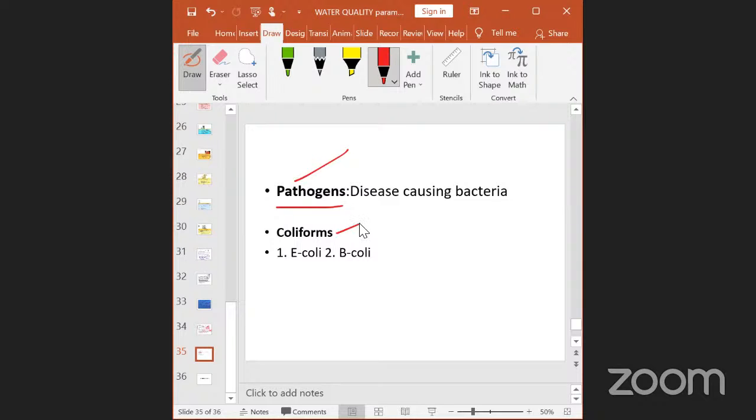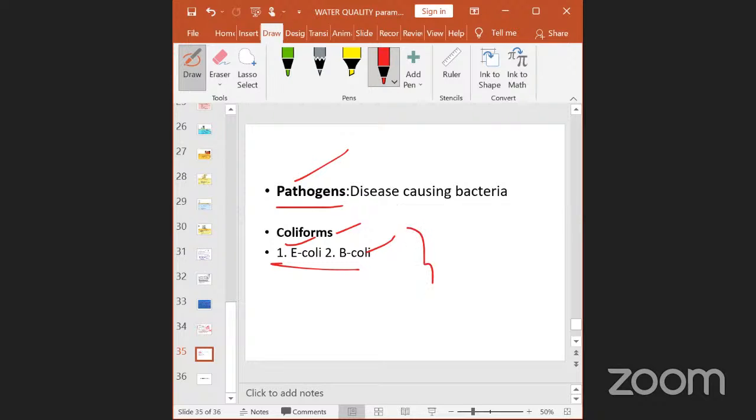Next, coliforms. This is also of 2 types. First one is E. coli and second one is B. coli. These are organisms whose presence in the water indicates that the water has been contaminated.